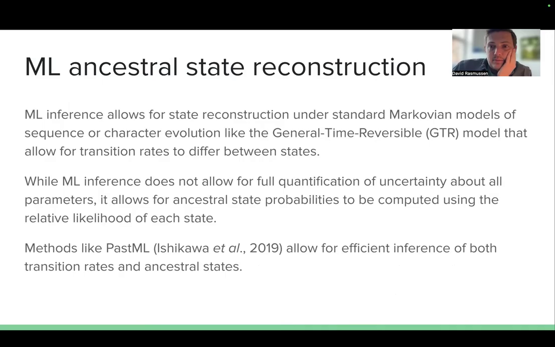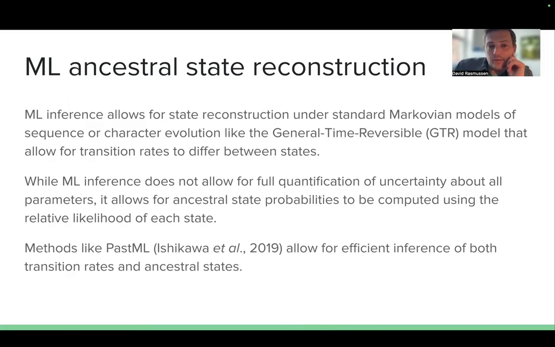There have also been some really nice software packages that have come out in the past few years that now allow you to do maximum likelihood ancestral state reconstruction, both for sequences as well as any other possible ancestral state, like ancestral geographic locations, under general Markovian models of evolution, like the GTR model.